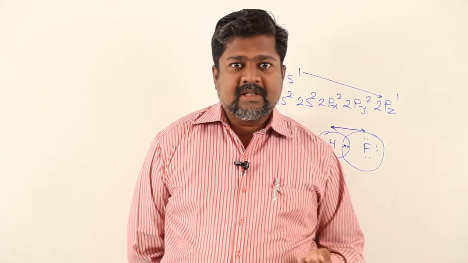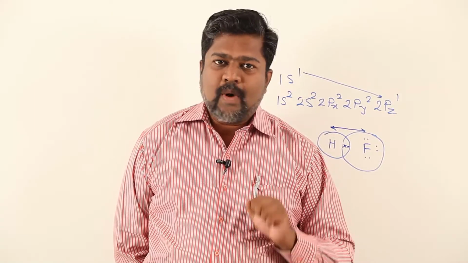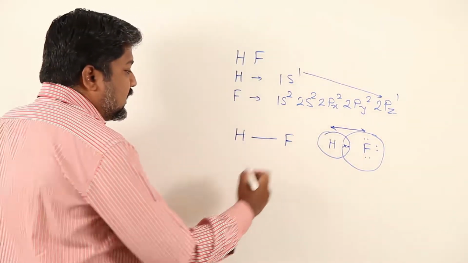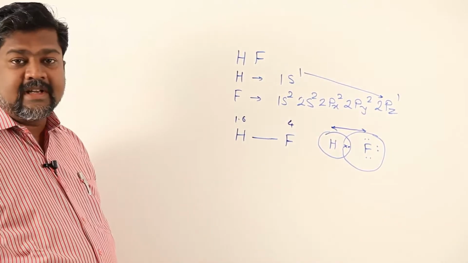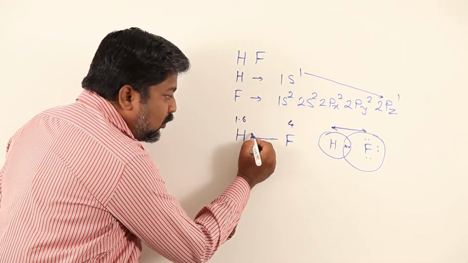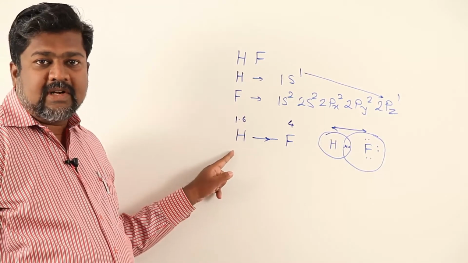Keep in mind the concept: the higher the electronegativity value, the more the tendency to attract electrons. Here, as fluorine has value 4 and hydrogen has value 1.6, fluorine will pull the electron cloud more towards fluorine, and hydrogen will get less.